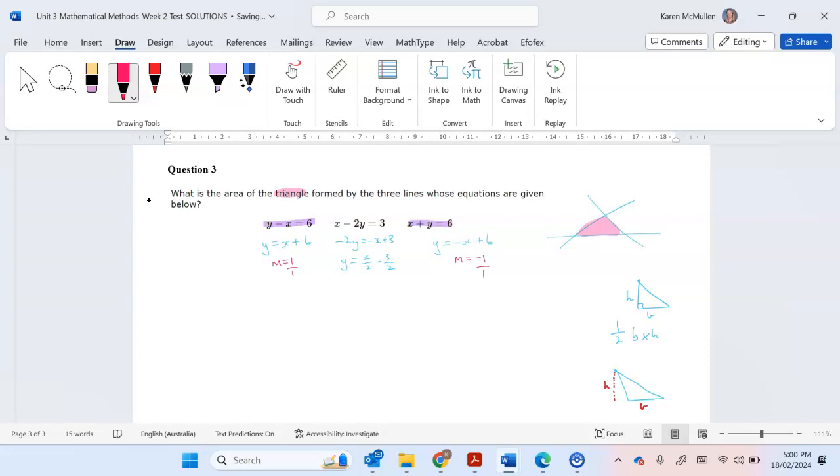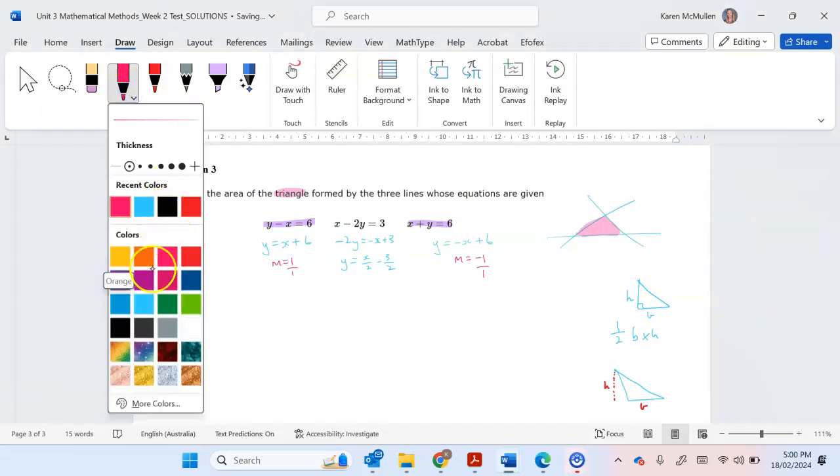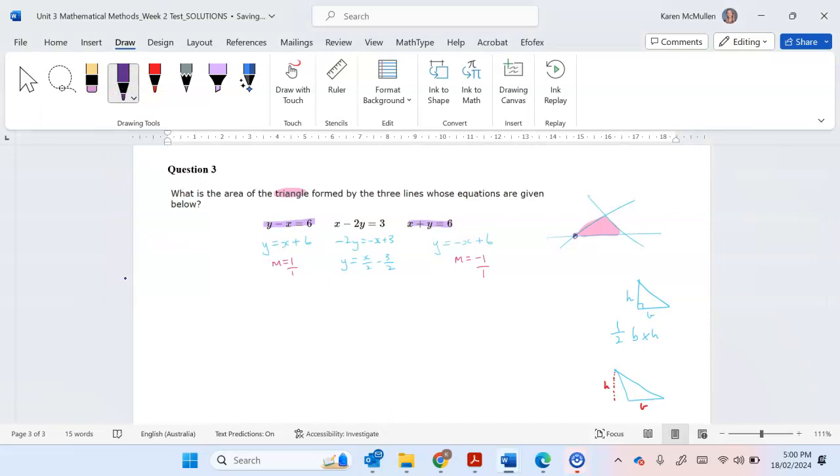Now, we need to find the points of intersection to find the distance between 2 points. So if you think about your triangle over there, we've got these 3 points. So we need to do the points of intersection of 2 lines 3 times.